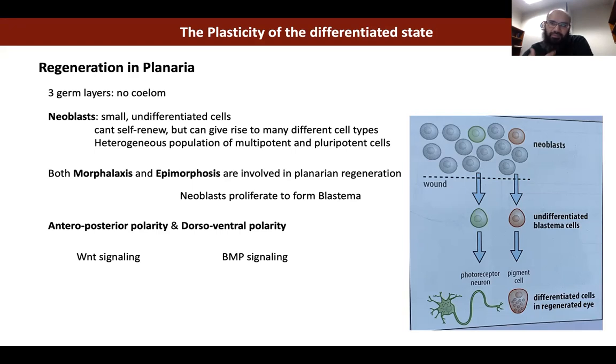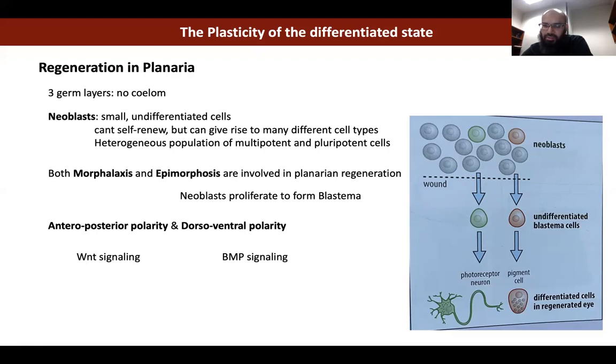This experiment showed us that there is a heterogeneous population of neoblasts. Some of them are multipotent and some are pluripotent. As shown here, if you take out each single cell and put it back into a planaria that is irradiated, so that its own neoblasts are completely gone, then you can follow what kind of growth it achieves.